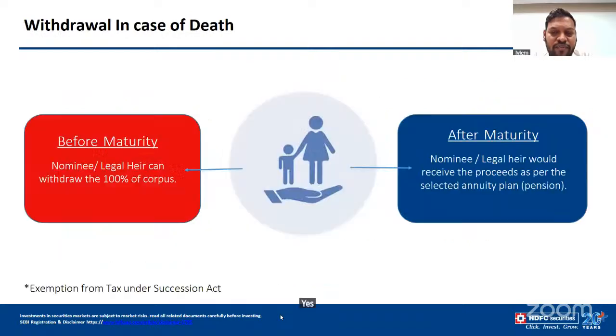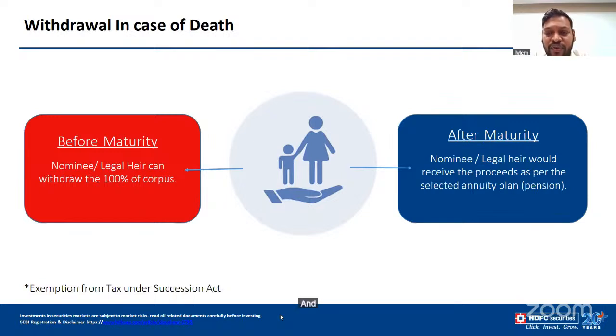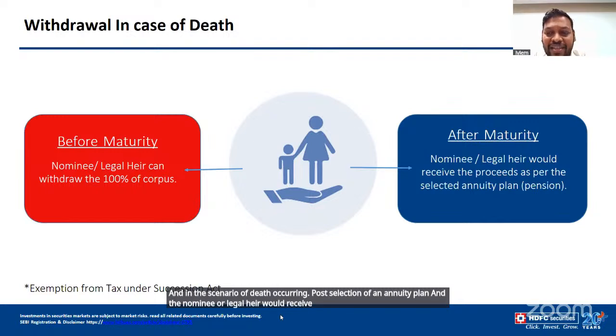In the unfortunate scenario of the death of a subscriber during their contribution or working tenure, while they are investing in NPS, the nominee or the legal heir can withdraw 100% of the corpus value. And in the scenario of death occurring after selection of an annuity plan, the nominee or legal heir would receive the proceeds as per the selected annuity plan, whether it is a with ROP plan or a without ROP plan.